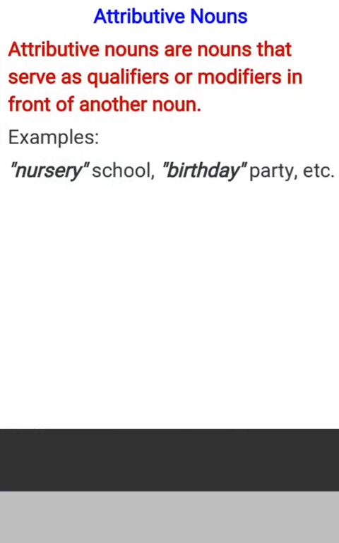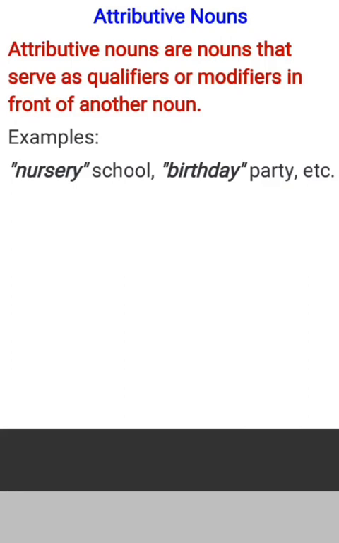Attributive nouns are nouns that serve as qualifiers or modifiers in front of another noun. Yes. So when you have a noun placed before another noun to act as an adjective, to modify another noun, then it will be attributive nouns.